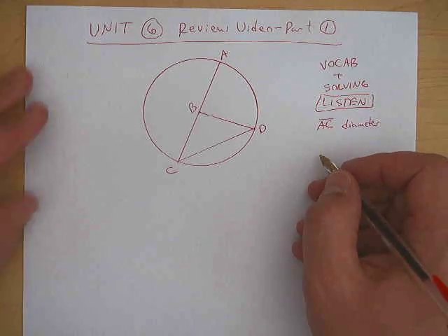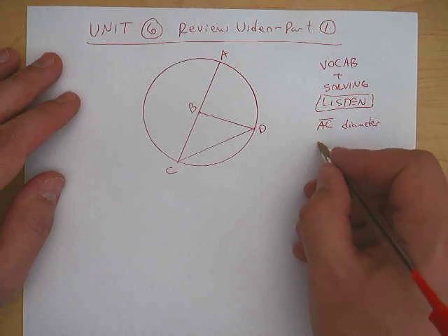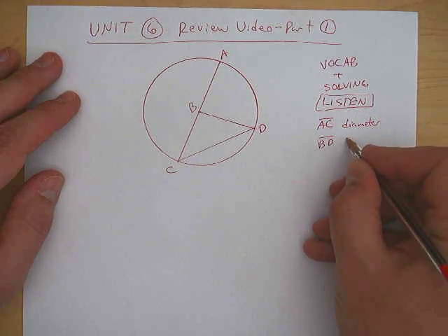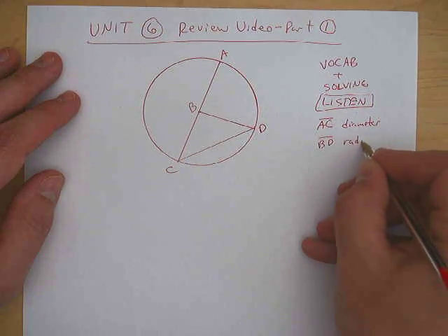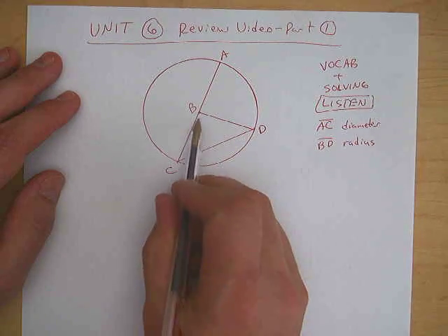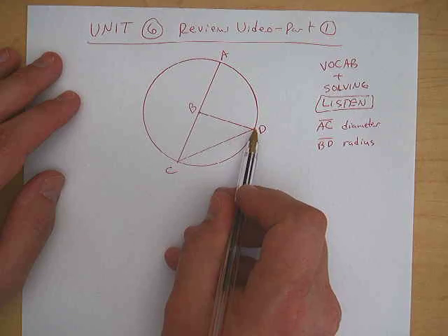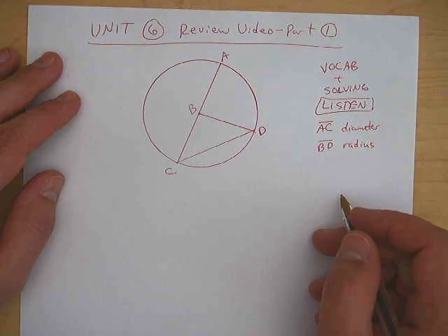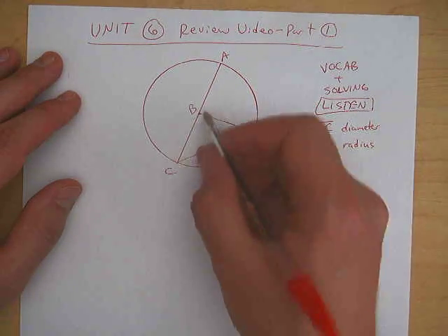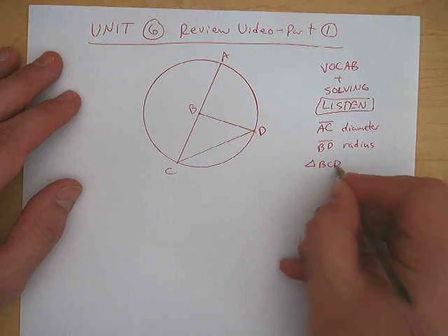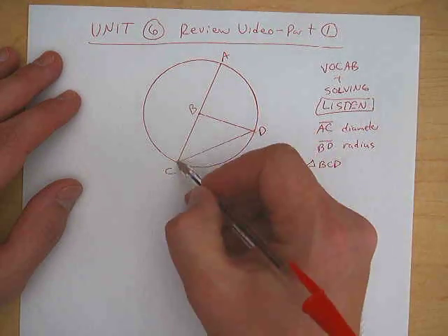Next thing we have right here, let's say, what is BD called? BD is called a radius. The radius is a segment going from the center of the circle to the edge of the circle. Next, what type of triangle is triangle BCD?